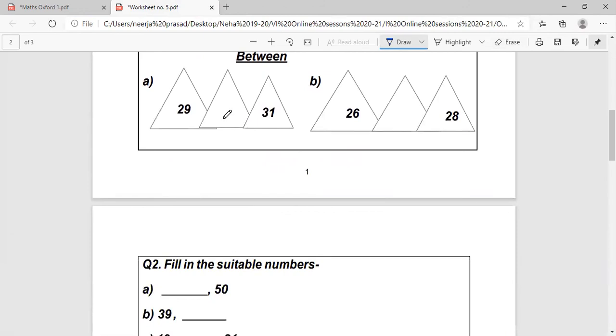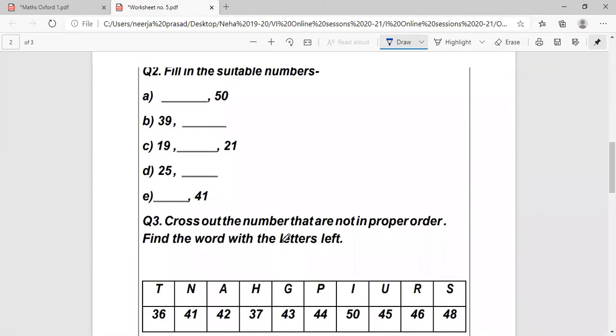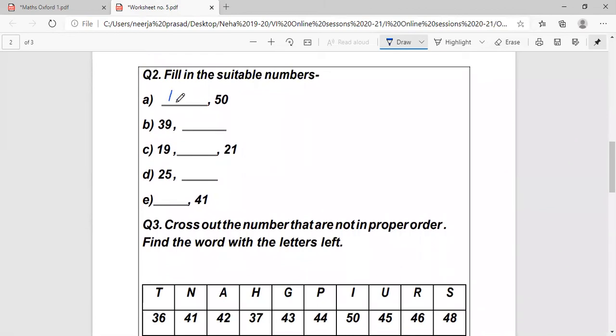Between 29 and 31. What will come? 30. 26 and 27. 27. Fill in the suitable numbers. What comes before 50? 49. After 39, 40.